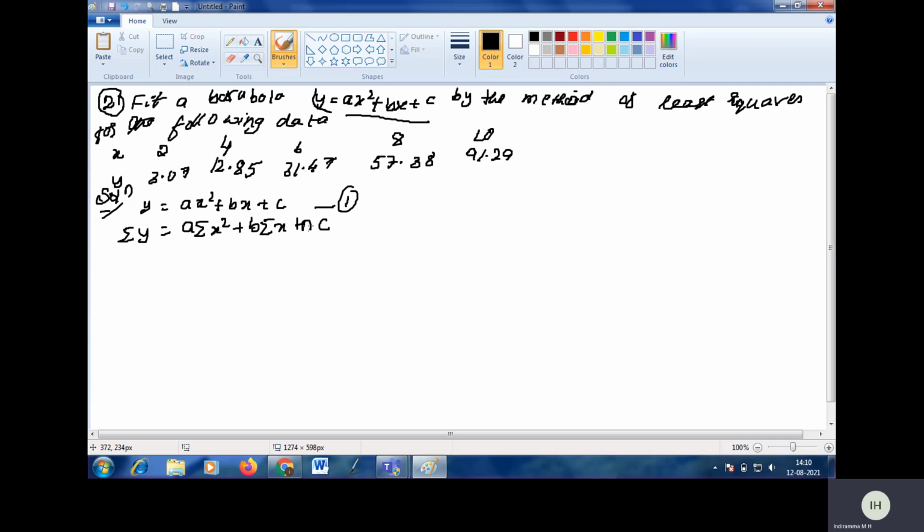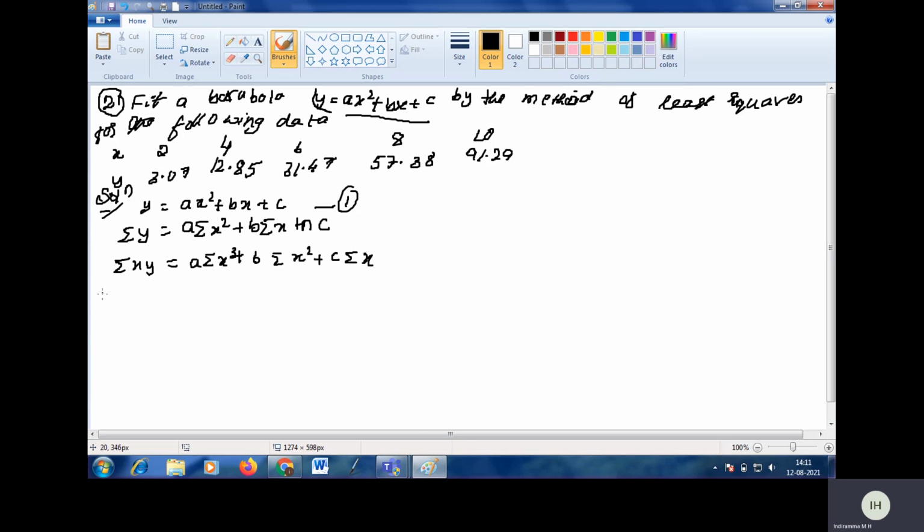Similarly, find the second normal equation. Summation of xy is equal to a into summation of x cube plus b into summation of x square plus c into summation of x.